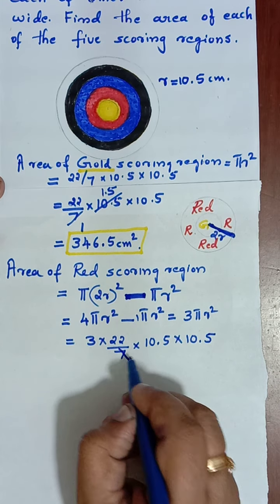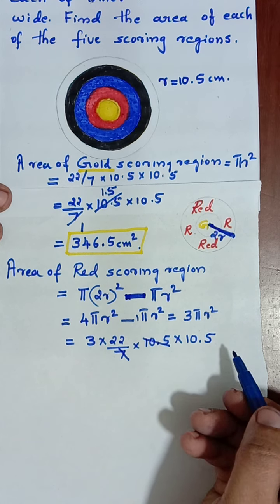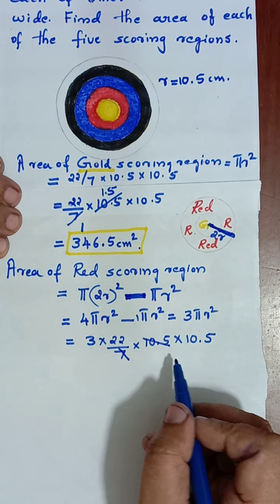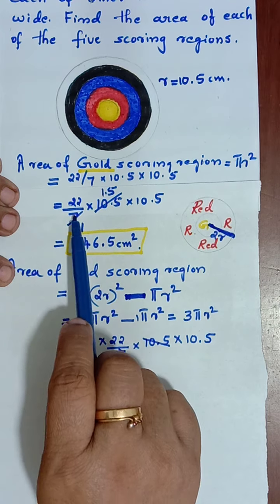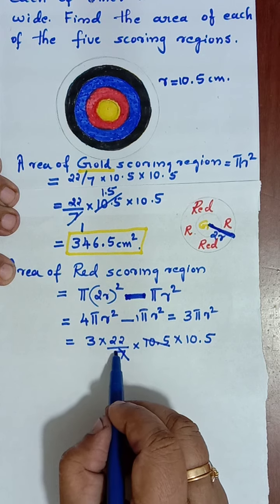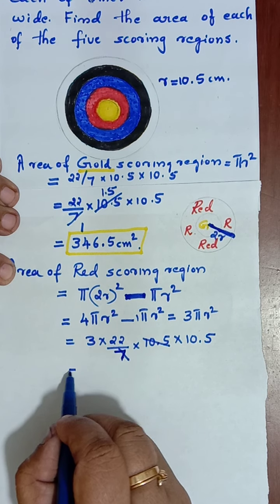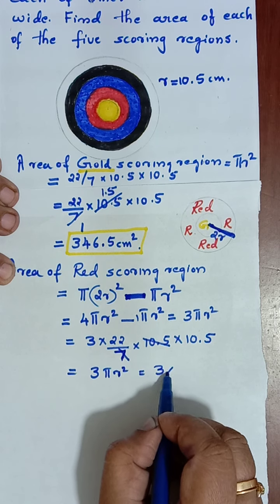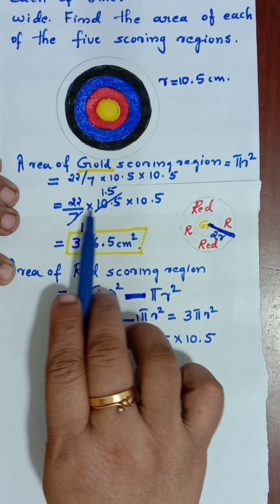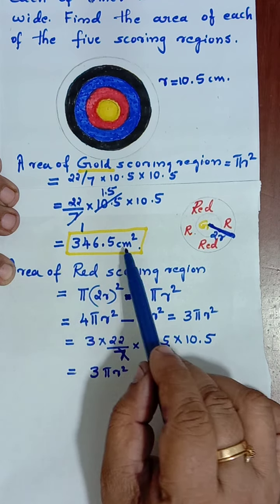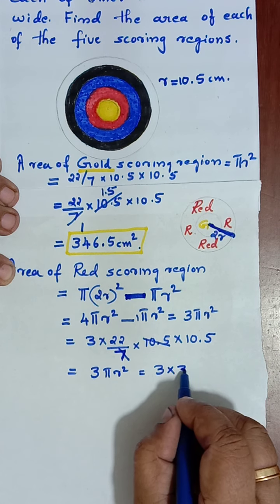All this calculation you do in the working column. Before that it will be very easy because pi r square we have already found out. Here it is 3 pi r square, so no need of cancelling. It is 3 into the pi r square value, which we got as 346.5.